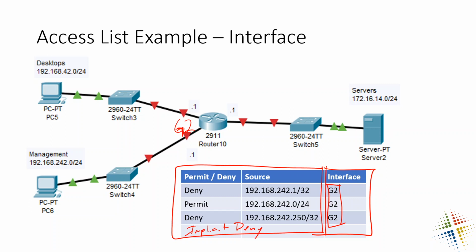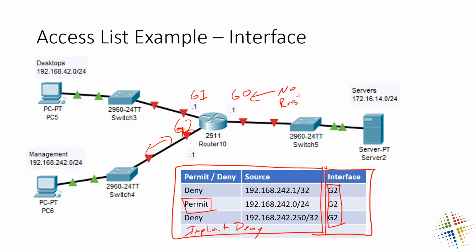And so all traffic on G2 is being monitored against this access list. And anything that's not permitted explicitly in this access list is denied. So anything coming in or out of G2 in this scenario is being denied from this interface. However, because that's only G2, we still have G0 and G1 over here with no access lists. Therefore, there is no restrictions.